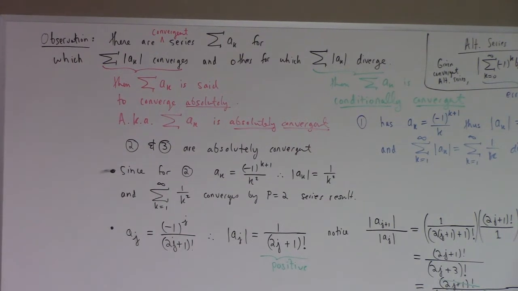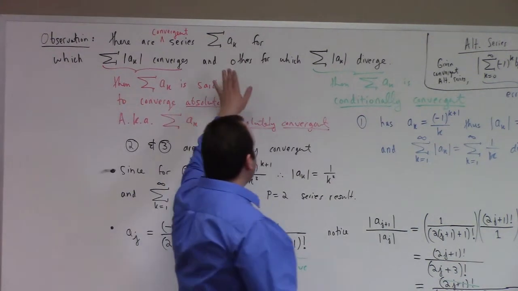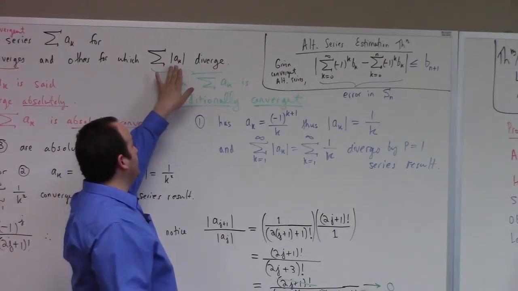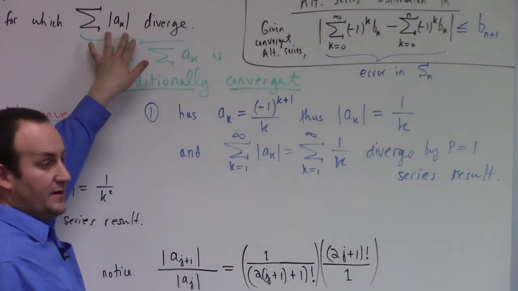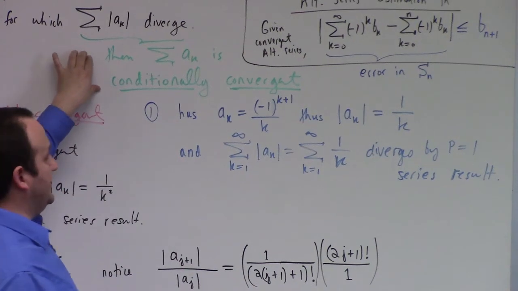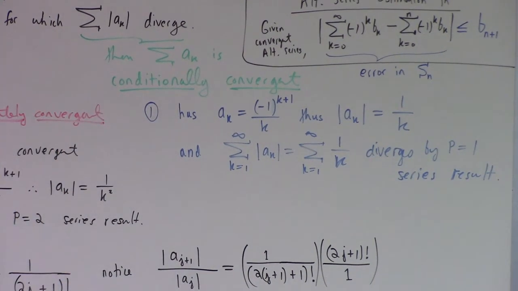The other term is conditionally convergent. If the series converges and yet the series of absolute values of this given series diverges, then the series is said to be conditionally convergent. As I cautioned in the earlier section, this is slightly dangerous terminology. You shouldn't think the series was converging, but then it didn't converge.